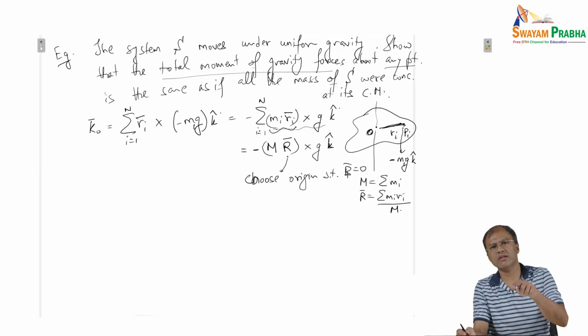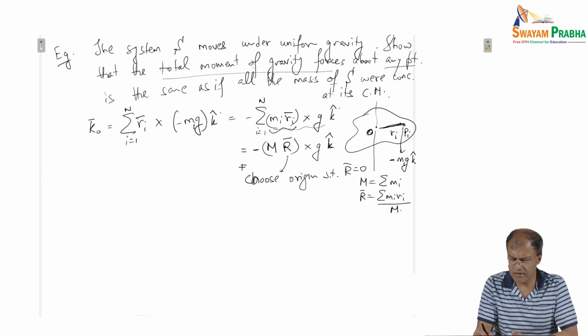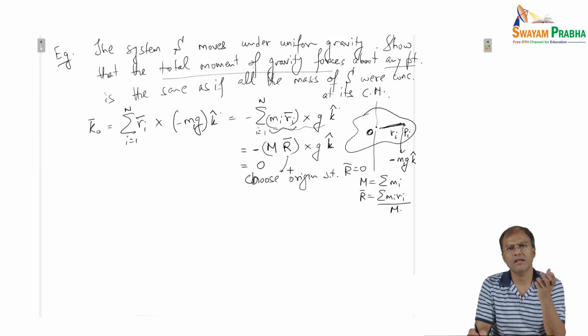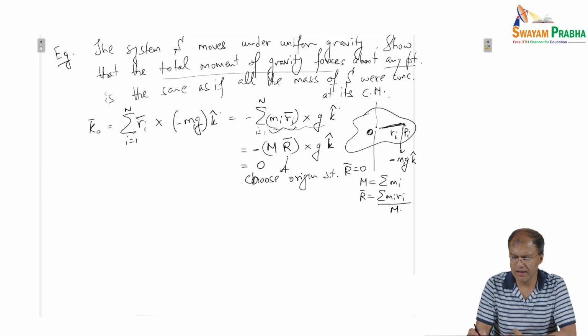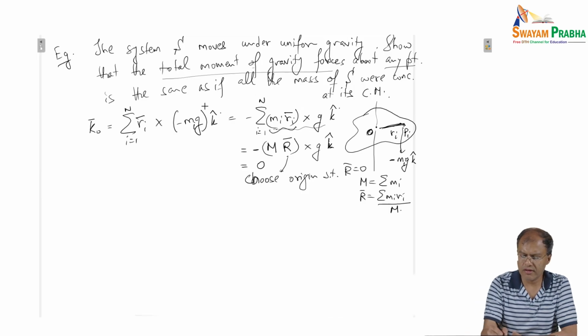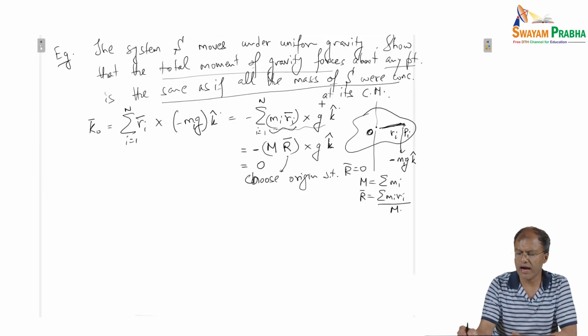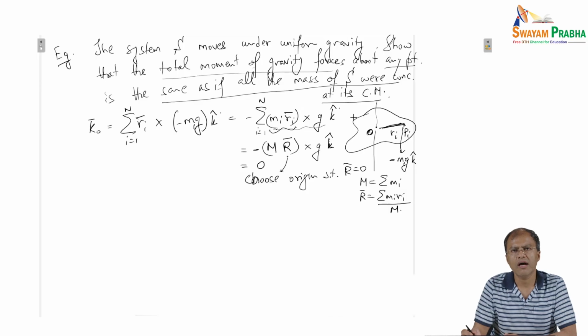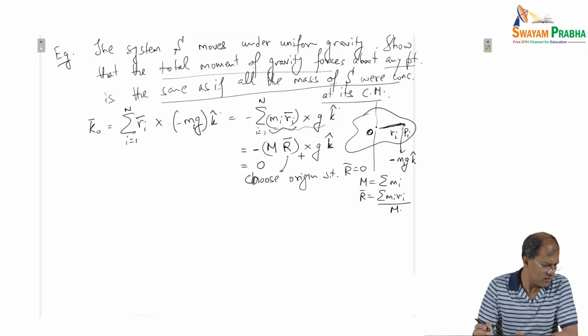So our center of mass is at the origin, which means that this couple is 0, and which means that the net couple acting on the system of particles is 0, which means that the total moment is the same as if all its mass were acting at its center of mass. So the couple at the center of mass is 0, and we see that the total moment acting on the system of particles is 0. So this is the case when only the weight is the force acting on the particles.